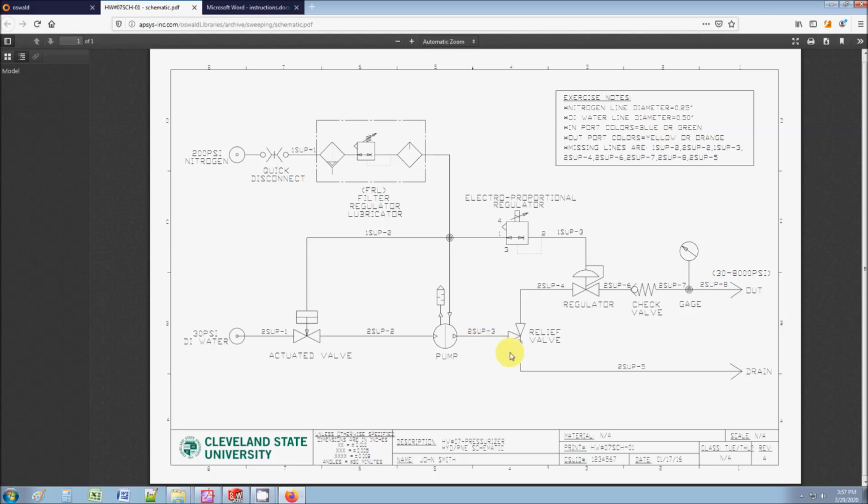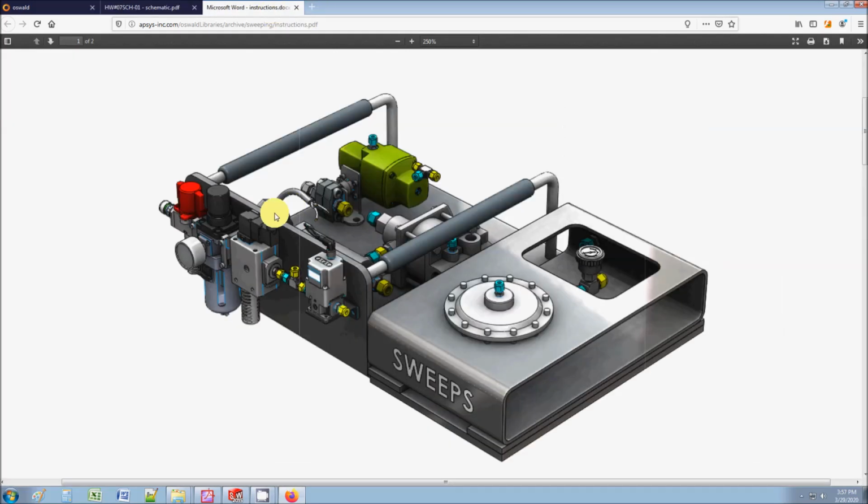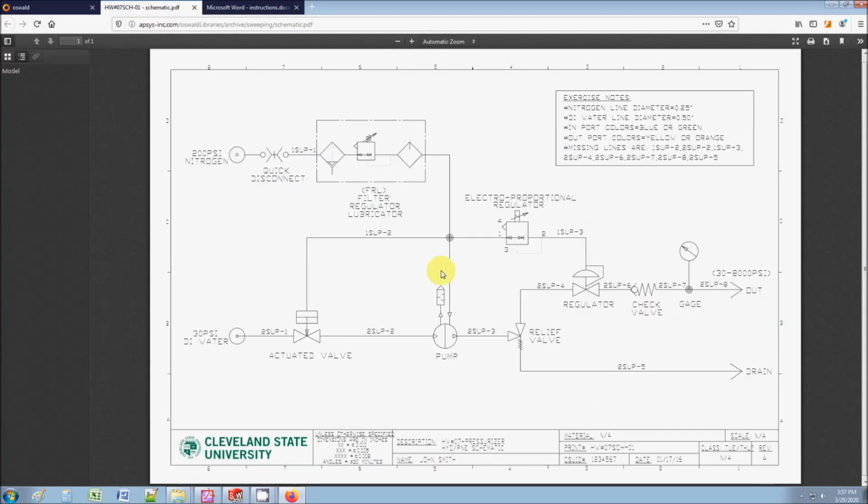So what happens is you put a relief valve. The relief valve is set to a certain pressure. You just modify this knob. You turn the knob so that at a certain threshold, let's say at 10,000 psi, it releases the pressure to atmosphere. And in this way, you prevent trapped energy from building up and causing an explosion. So in high pressure systems, I highly encourage you to always include a relief valve.